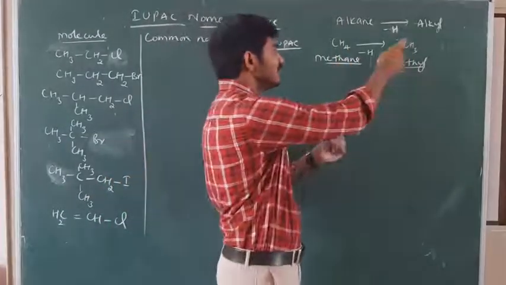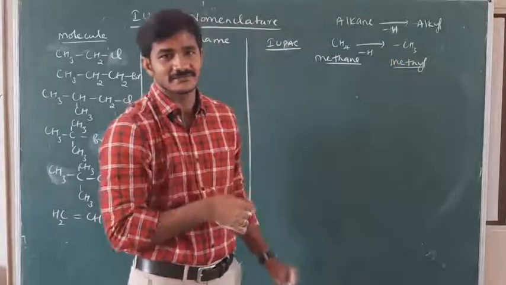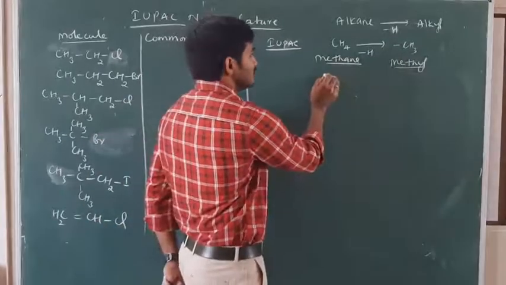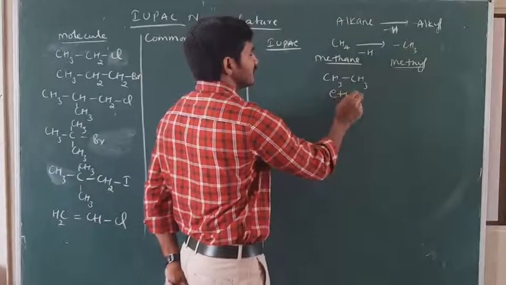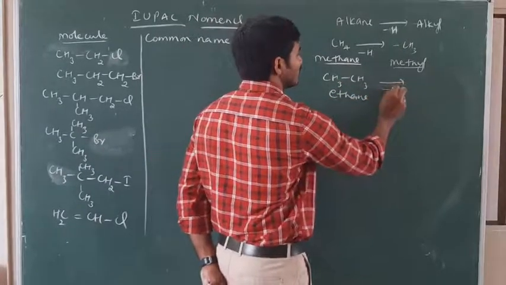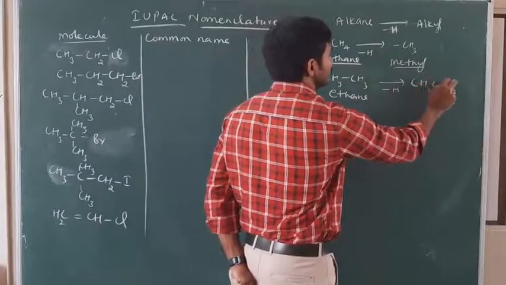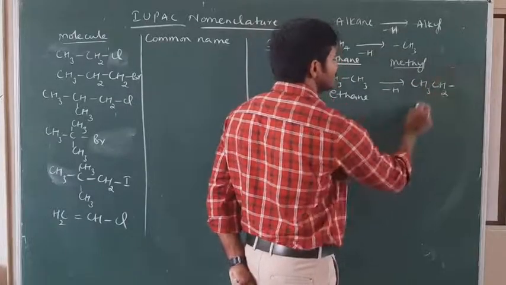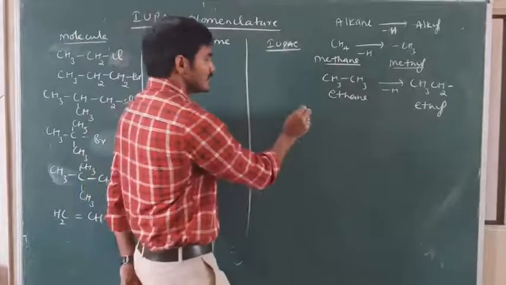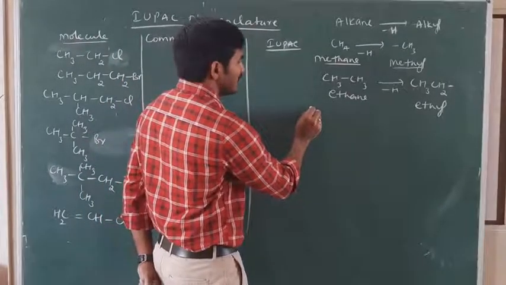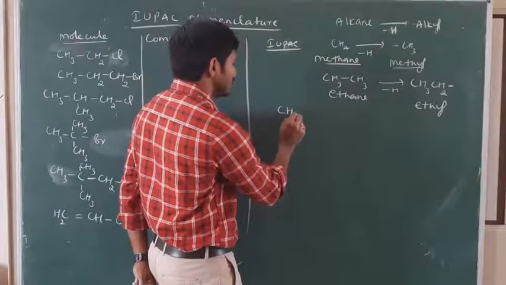After removing one hydrogen, it is called alkyl, one hydrogen less. Similarly, ethane, after removing one hydrogen, we get C2H5. This is ethyl. Like this, a few molecules are very important.